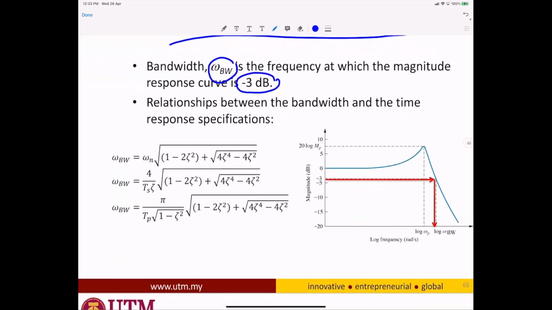So the relationship is shown here, between the bandwidth and the time response specification, which is omega bandwidth in terms of omega n and zeta, omega bandwidth in terms of TS, omega bandwidth in terms of TP. So they have 3 formulas, and the graph is shown here, at minus 3 dB, which will give you the omega bandwidth.